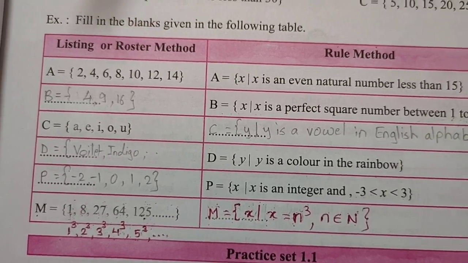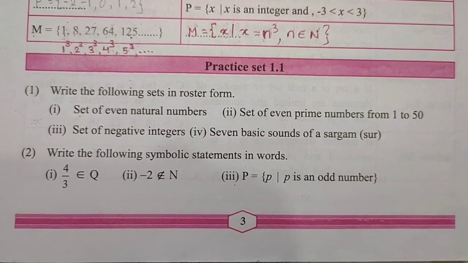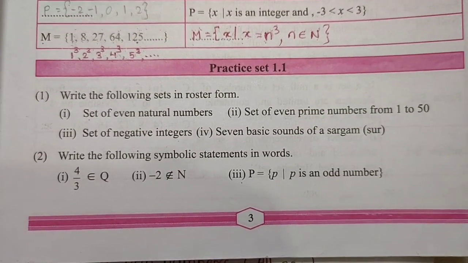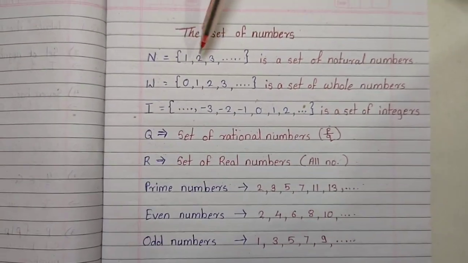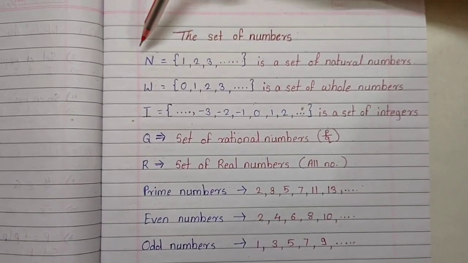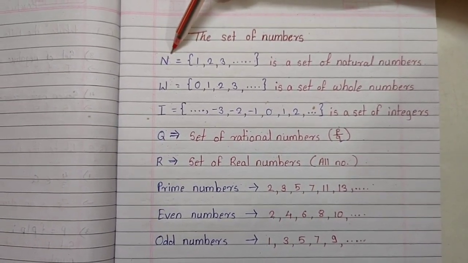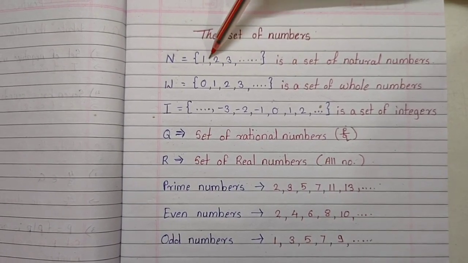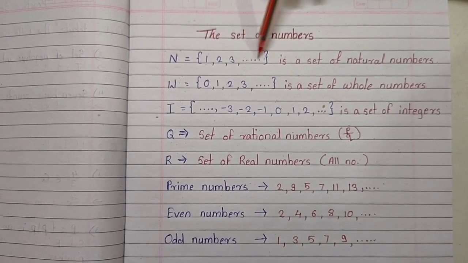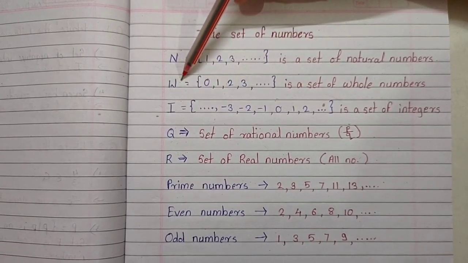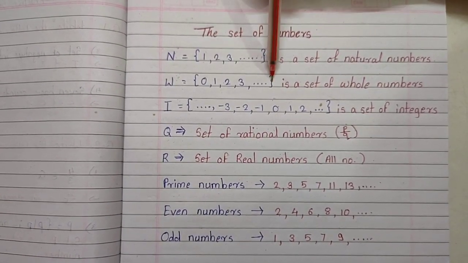So I hope you understood how to convert a set from listing method to rule method or from rule method to listing method. Students, before we start practice set 1.1, let's recall the different types of numbers which you have already learned in your previous standards. We know the natural numbers; capital N is used to denote the set of natural numbers. Natural numbers start from 1 and go on to infinity. Capital W denotes the set of whole numbers, which start from 0 to infinity.